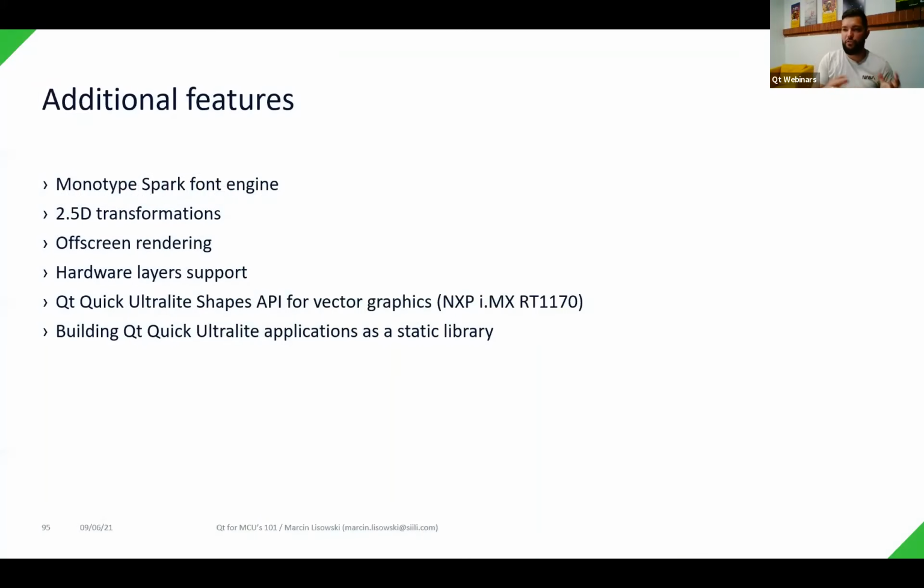And let's see what's on our roadmap. So besides those things that we were talking during this whole 2 days, there are additional things. This is not all that Qt for MCUs comes with, of course.